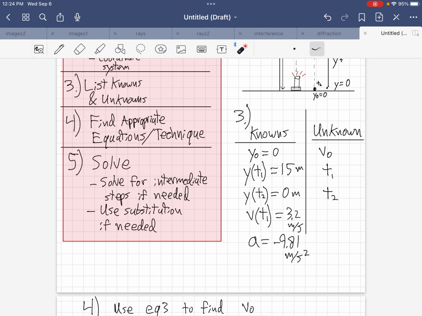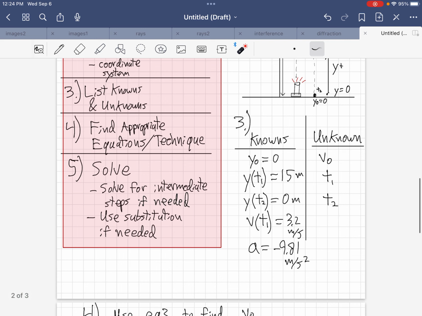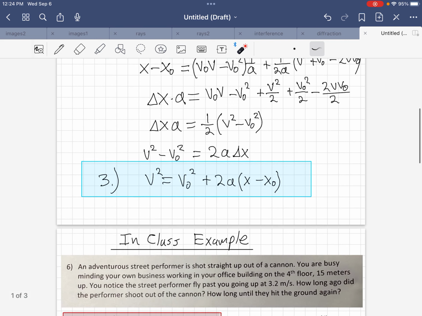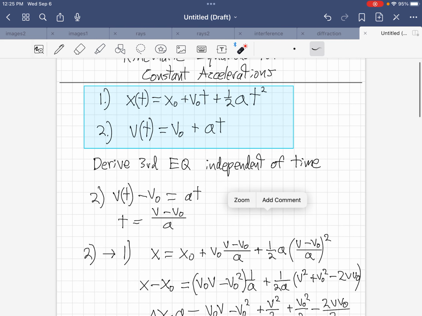So now we do step 4. We want to find appropriate equations to help solve this, right? This is a key aspect: which equations should we choose? We have 3 different kinematic equations to choose from.